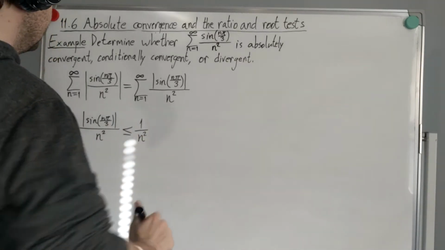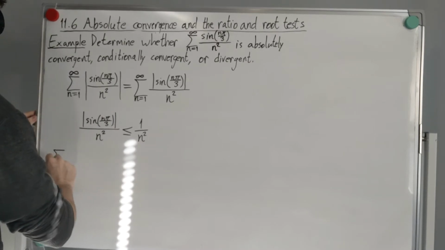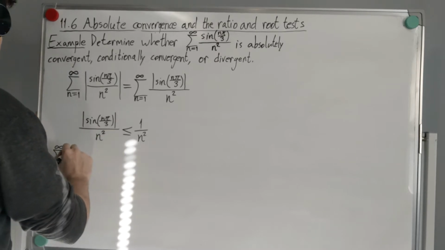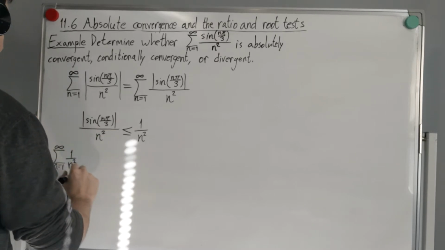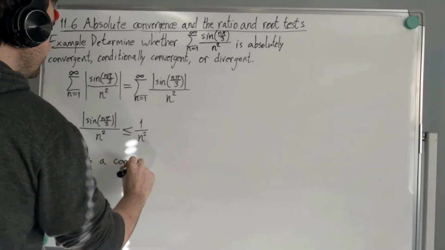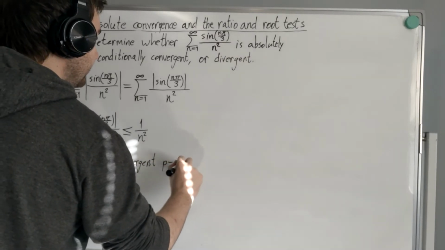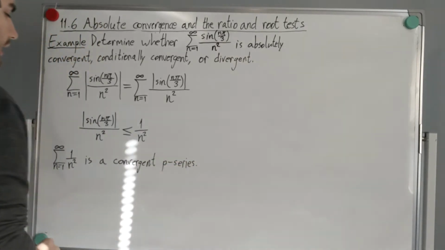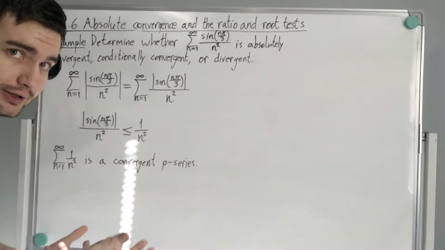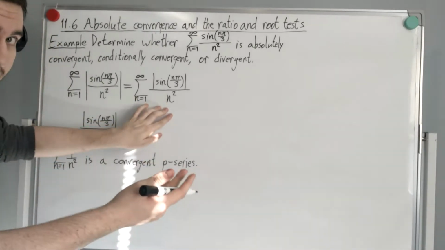So then this means that, well, if we were to look at the sum from n equals 1 to infinity of 1 over n squared, this is a convergent p-series. Then by the comparison test, that indicates that this series is also convergent.